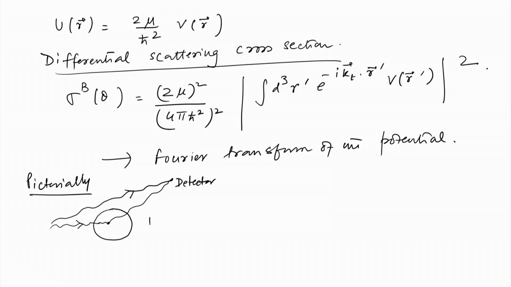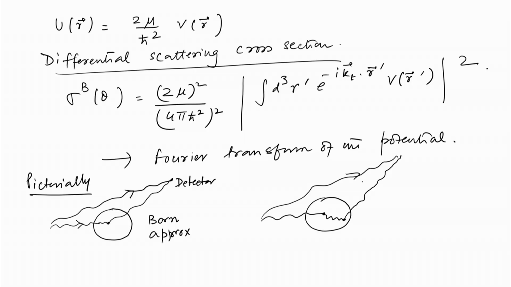So, this is the Born approximation, and what we are neglecting is that there are multiple scattering events that could take place. One level beyond the Born approximation, there is a scattering event and then this reaches the detector, and there is another one that reaches the detector.